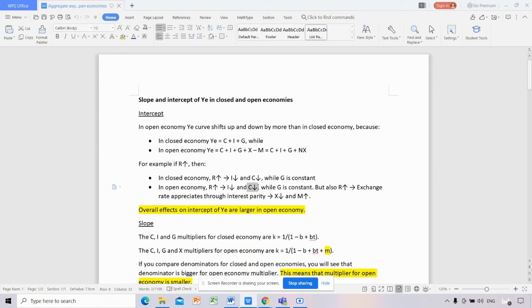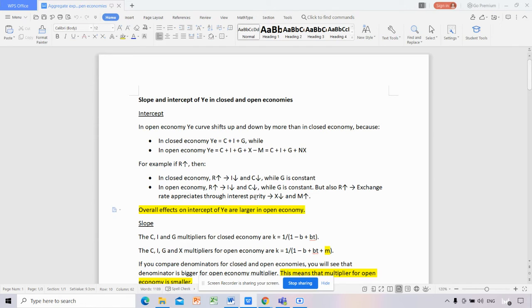Income will decrease due to this effect, but also aggregate expenditure and income will decrease due to this effect. You can clearly see if exports are smaller, aggregate expenditure and income are smaller. Imports higher, the aggregate expenditure and income smaller. So due to this additional effect, the fluctuation of aggregate expenditure and income is larger in the open economy than in the closed economy. Regarding the appreciation of the currency and decrease in exports, increase in imports, we already discussed it.